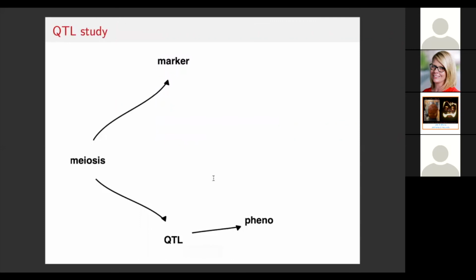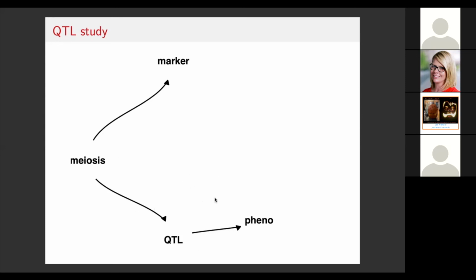So here is another causal graph, and this is the causal graph corresponding to a QTL study. Those of you who have been to some of our other lectures may have seen a version of this.